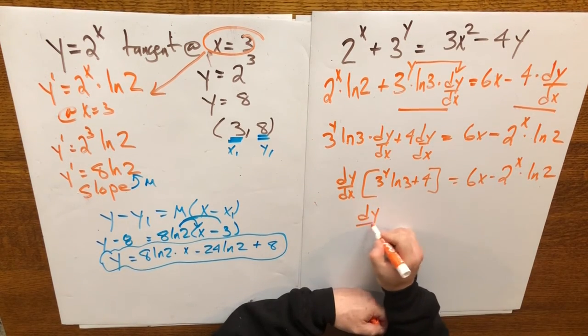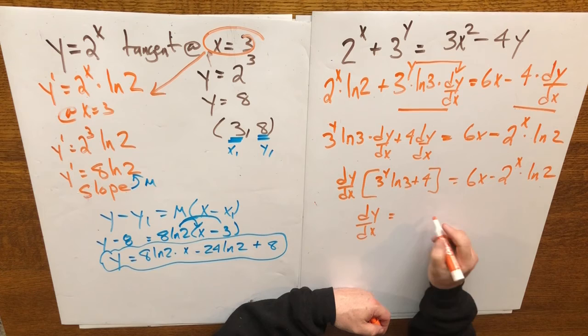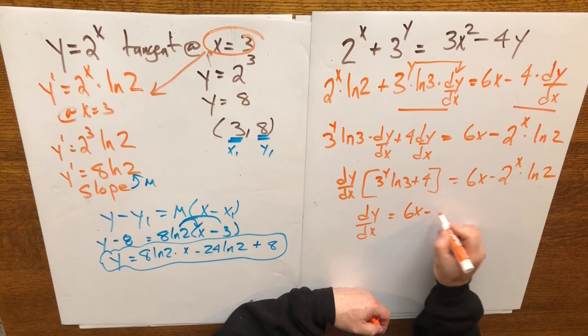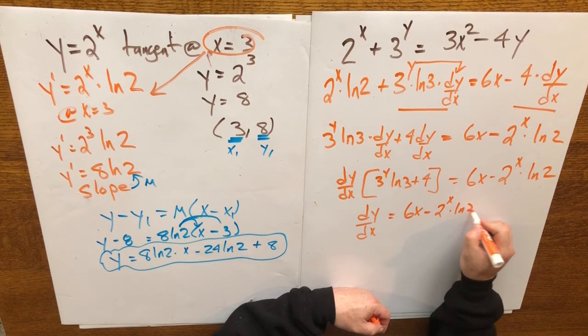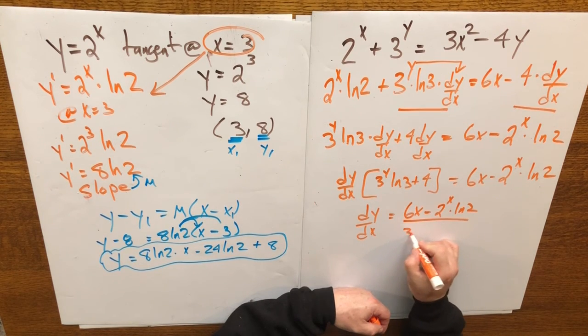So dy over dx, our final line, equals 6x minus 2 to the exponent x times ln 2, all divided by 3 to the y times ln 3 plus 4.